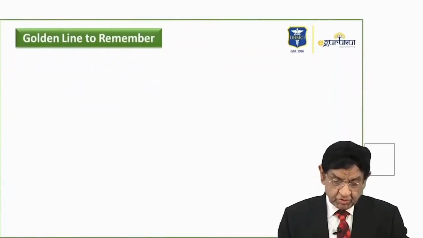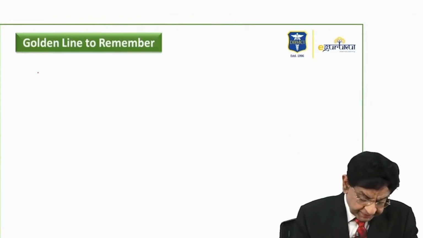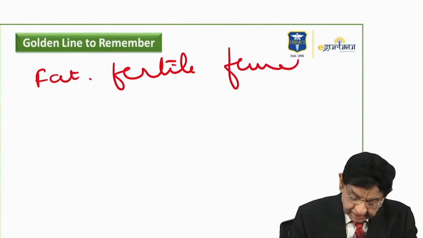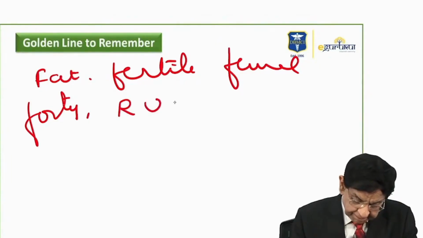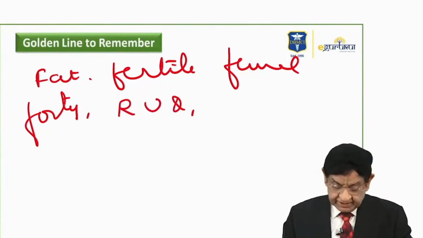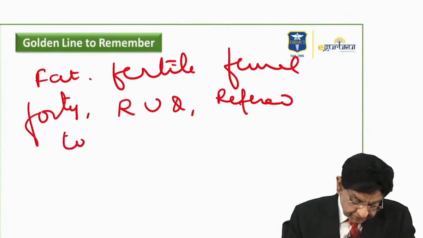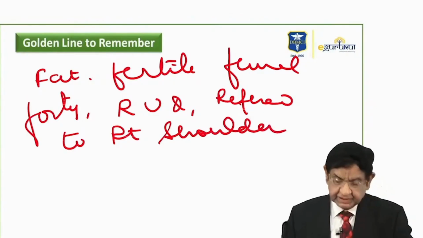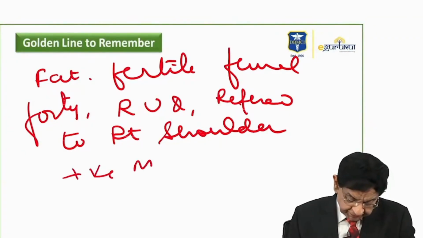So friends, the golden line to remember about gallstone, which I told you: a fat, fertile female of 40 years coming with right upper quadrant pain, which is referred to the right shoulder, with positive Murphy's sign.